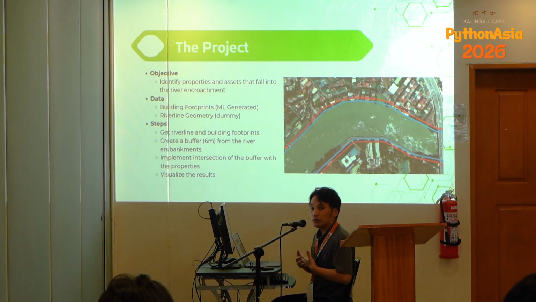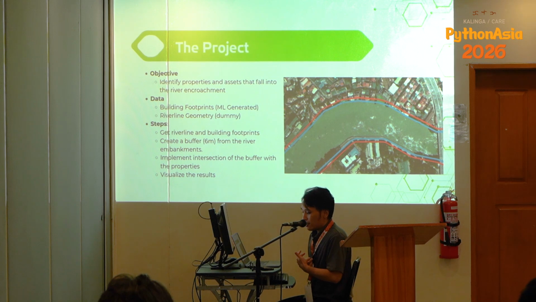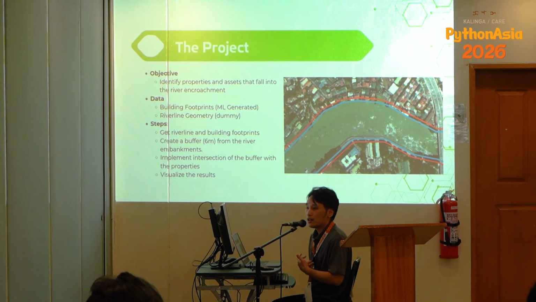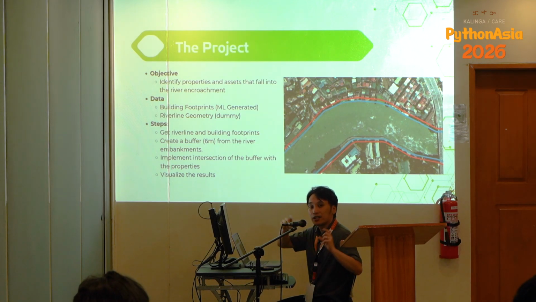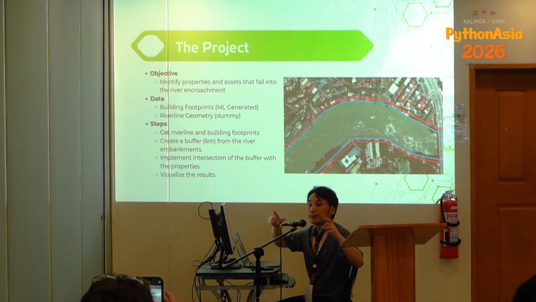So what we're going to do is actually, this is a project that I did, I think, 3 years ago, wherein we want to know yung river encroachment. So, for example, you have a river, ilang properties ang matatamaan given a buffer.